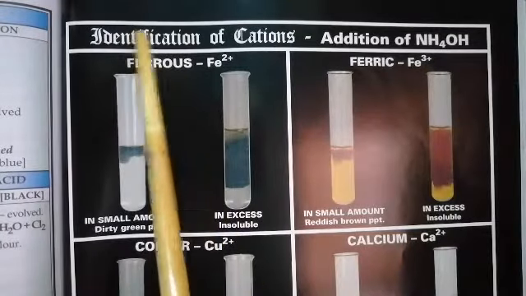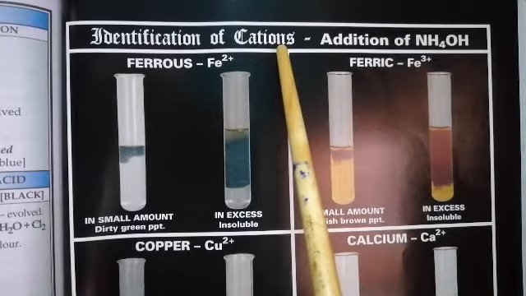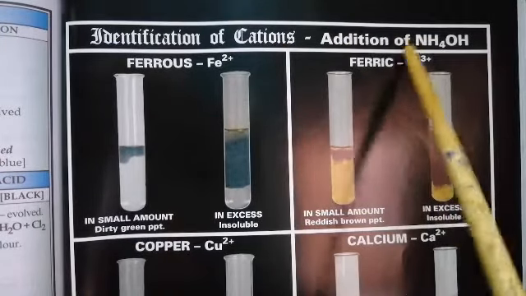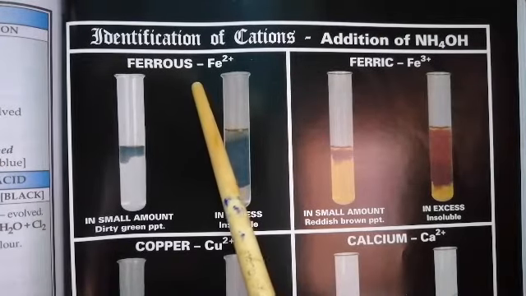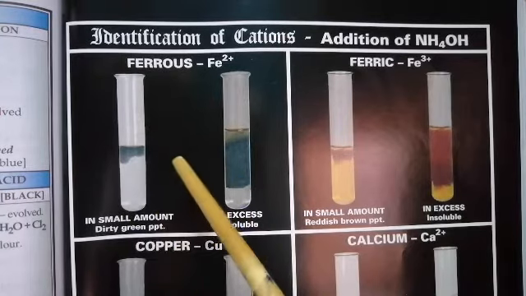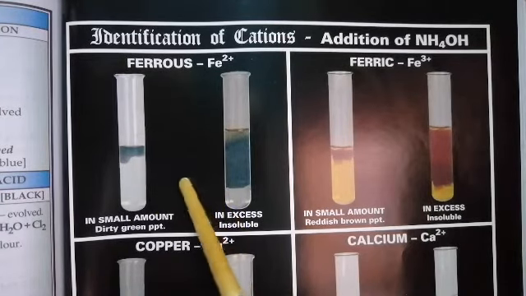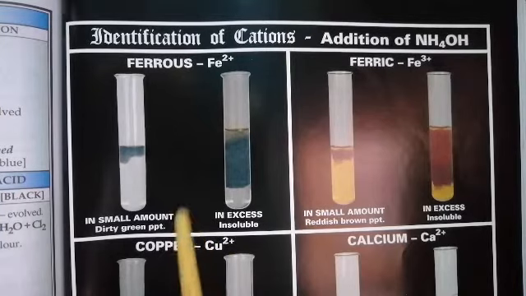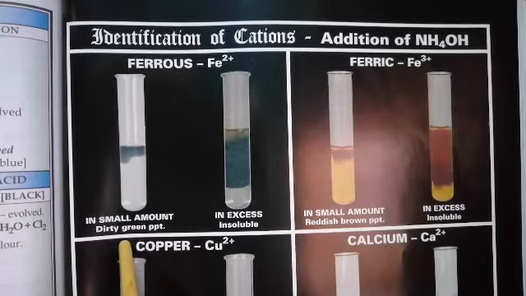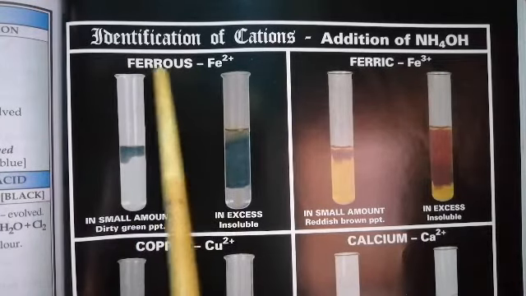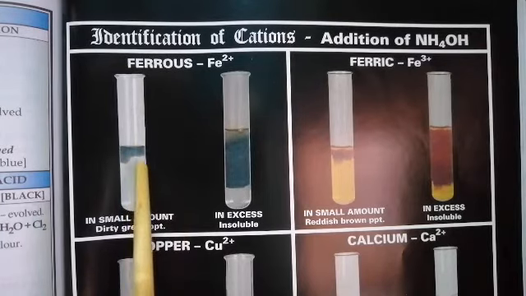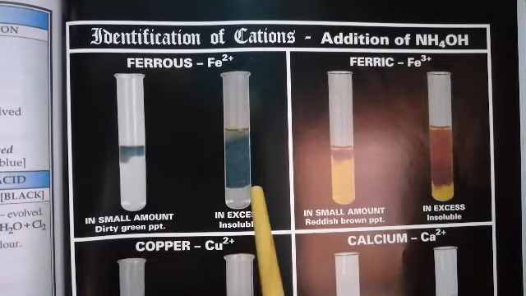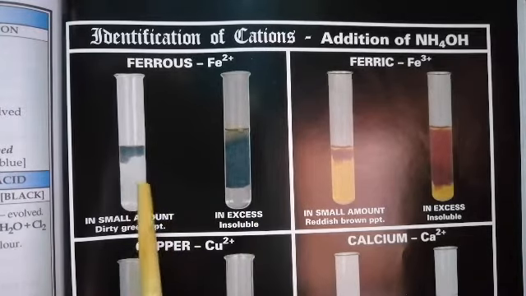Look here. Identification of cations means positively charged ions, by addition of ammonium hydroxide solution to the given salt solution. Now, when you are performing the experiment in the laboratory, what do you see? When you add in small quantity ammonium hydroxide to a ferrous salt, maybe ferrous sulphate, you see a dirty green precipitate.